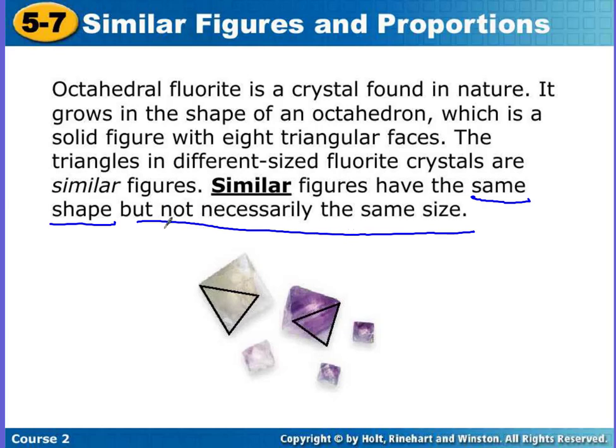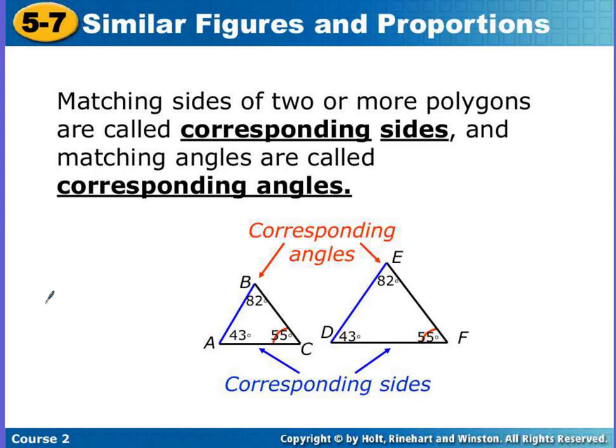So let's look at the next 2 definitions: corresponding sides and corresponding angles. Matching sides of 2 or more polygons are called corresponding sides, and matching angles are called corresponding angles. So when we look at this figure down here, we've got this line segment AB right here.